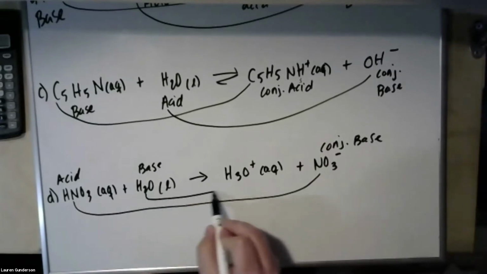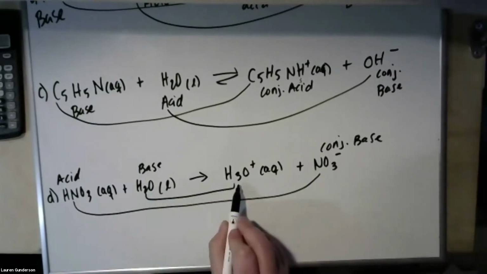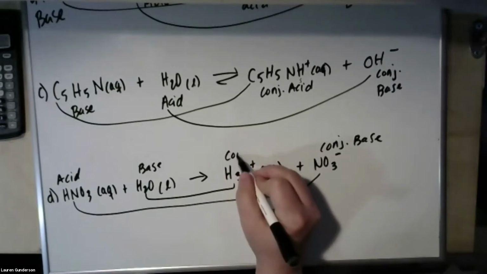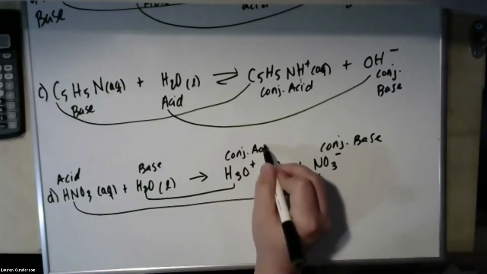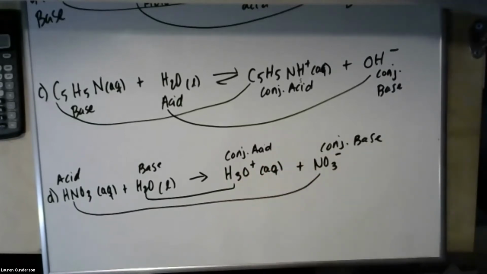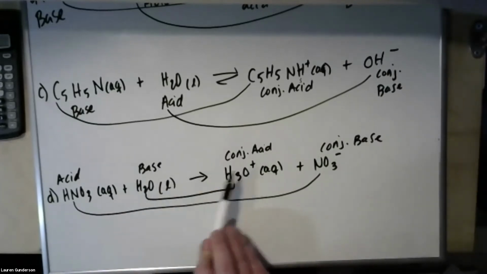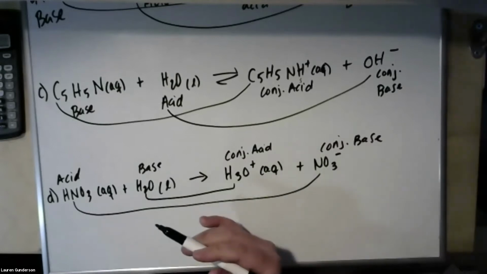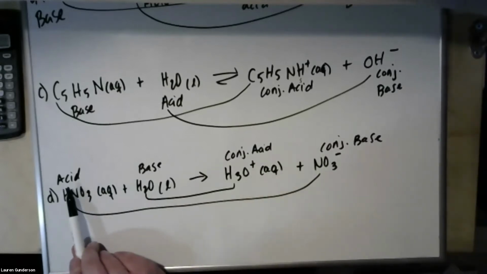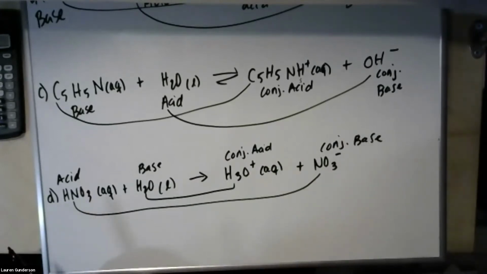And if H2O is our base, that makes H3O plus our conjugate acid. When you have a base and you want to find its conjugate acid, all you do is add a proton. When you have an acid and you want to find its conjugate base, all you do is remove a proton. So that's the relationship there.